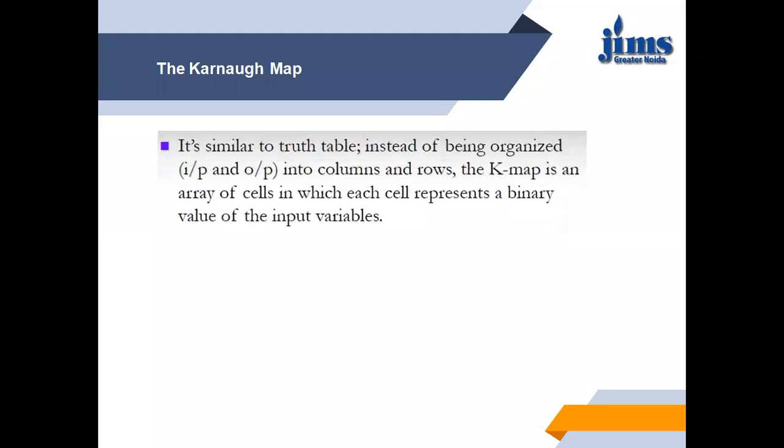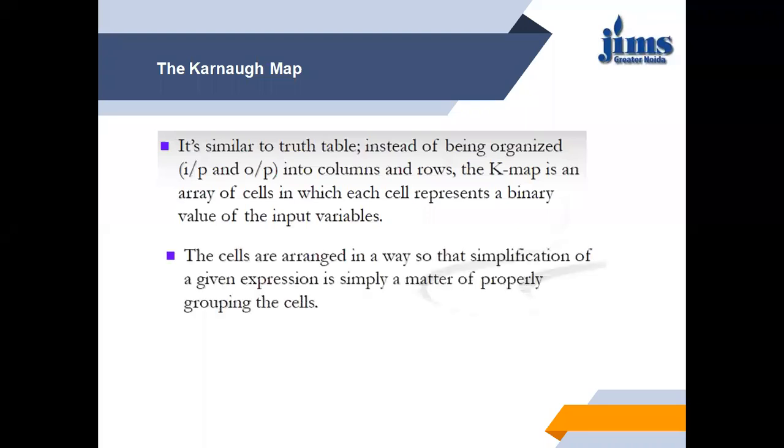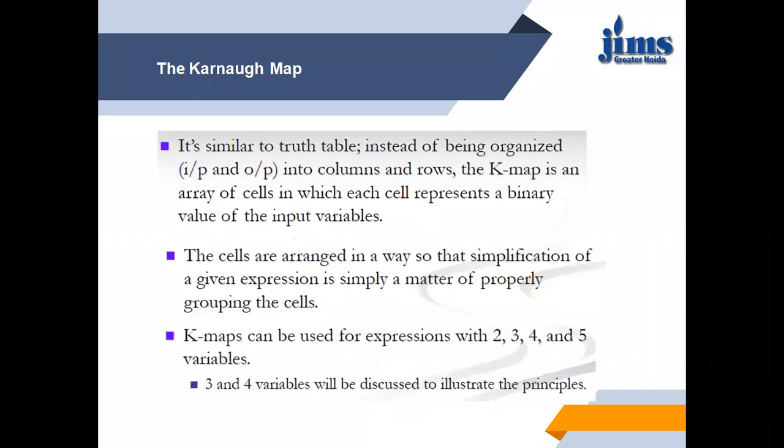Instead of organizing input and output into columns and rows, the K-map is an array of cells in which each cell represents a binary value of the input variables. The cells are arranged in a way so that simplification of a given expression is simply a matter of properly grouping the cells.